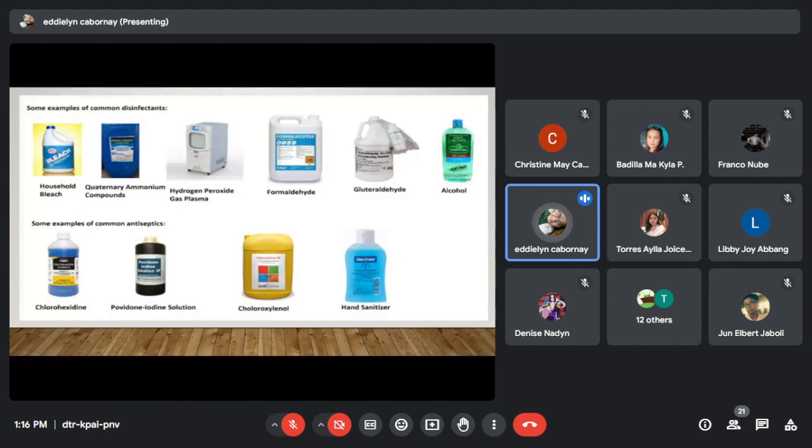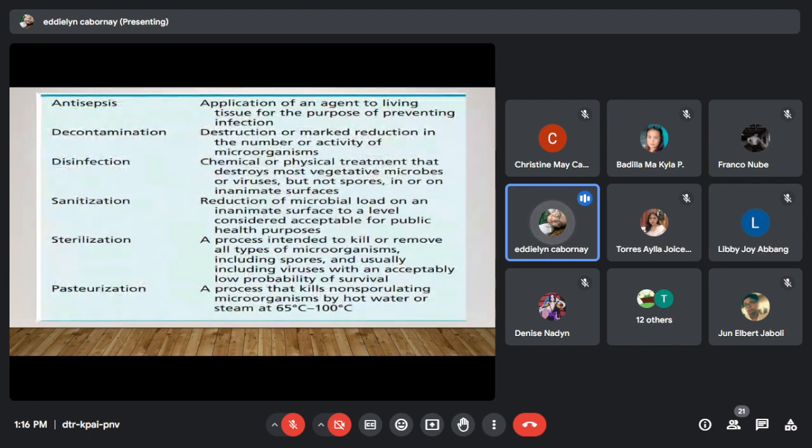Ethylene oxide is used in sterilizing hospital equipment. We also have formaldehyde, glutaraldehyde, and alcohol. And then for antiseptics, chlorhexidine, betadine, chloroxylenol, and hand sanitizer. So we have here the definitions and standards for removing microorganisms.